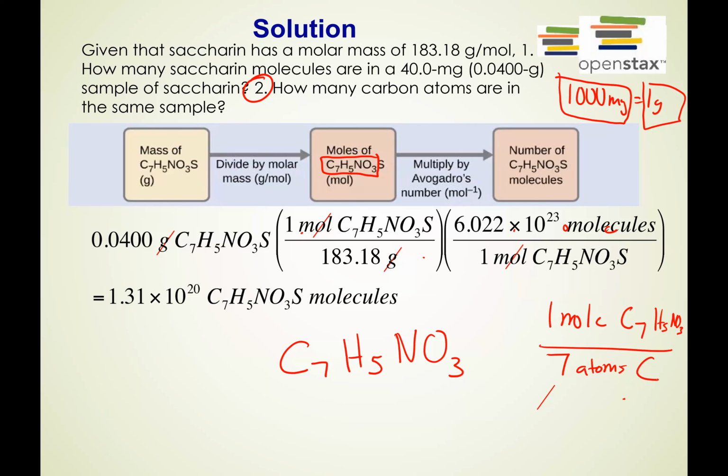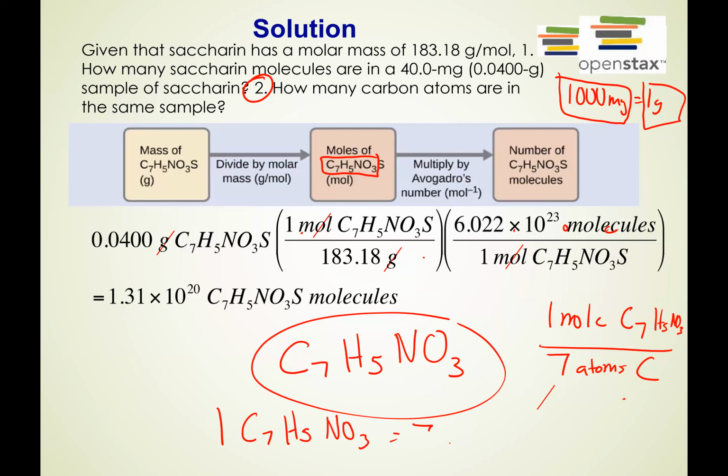So you see how I just took that ratio? Because for every one of these, there are 7 carbons inside it. So we can say for every one C7H5NO3, there's 7 atoms of carbon.